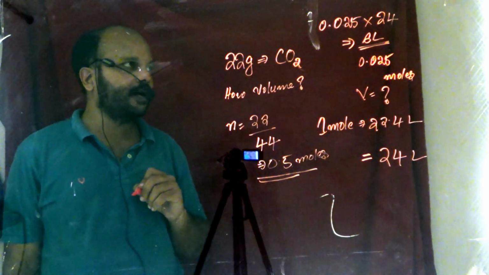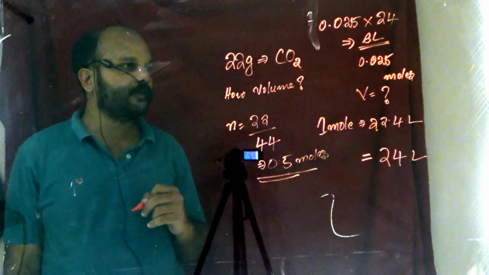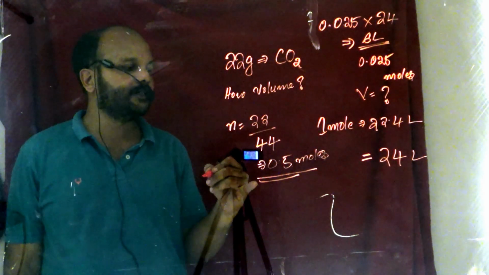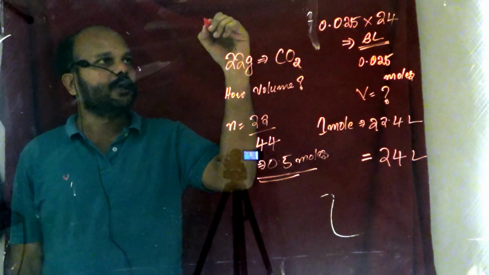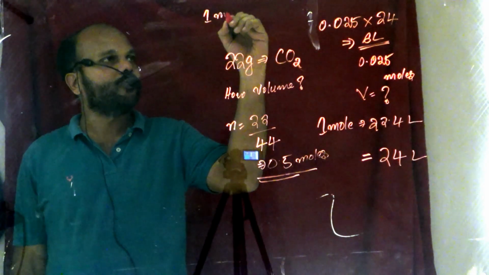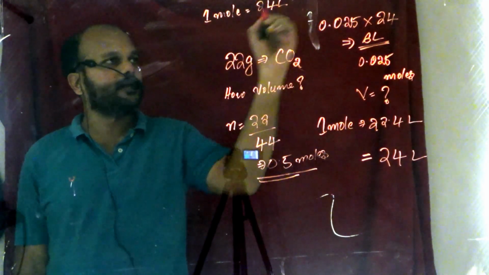So now, if it is 0.5 moles, how much volume is this going to occupy? 1 mole is going to occupy, as you said, 24 liters.